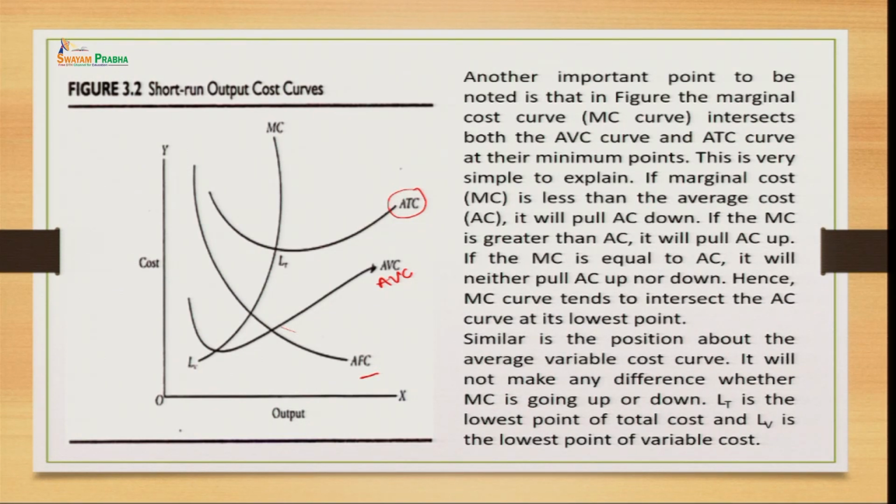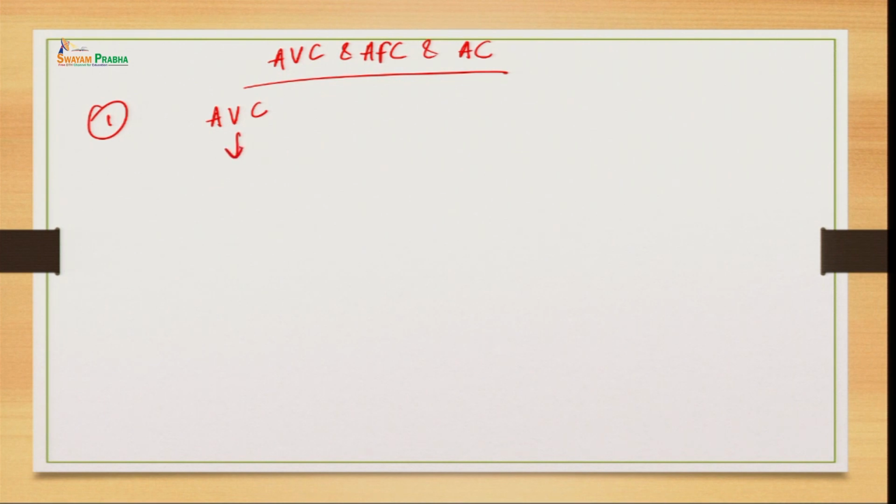Now, let us look at the relationship between these costs. First we will define the relationship between average variable cost, average fixed cost and average cost. So, how do these costs work? The very first point says that initially our average variable cost is decreasing, our average fixed cost is decreasing, therefore, our average cost will also decrease. Why?